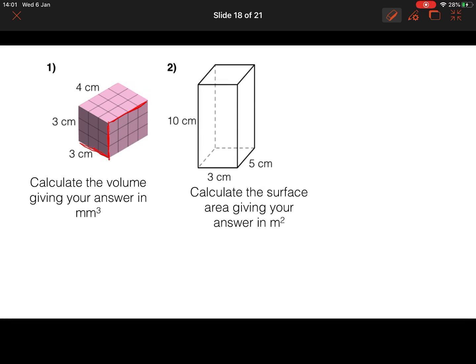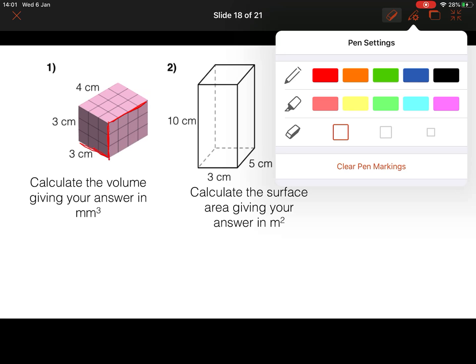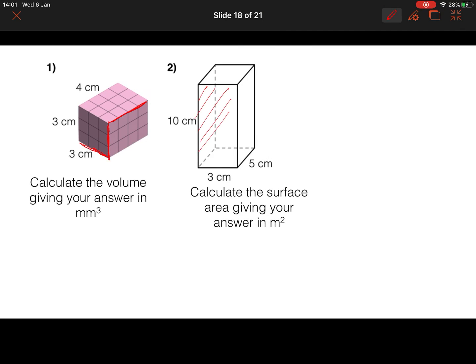Now, with the second one, we're asked to find out the surface area. Okay, surface area. So you remember what we have to do for that is we have to add up the area of all of the faces of the cuboid. And there are 6 faces. So here is a face. Let's mark it in.